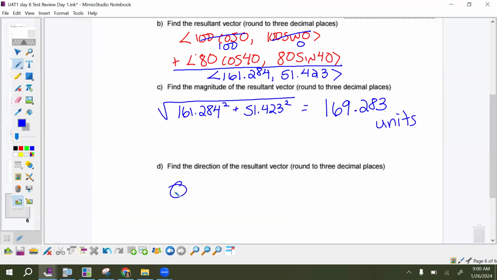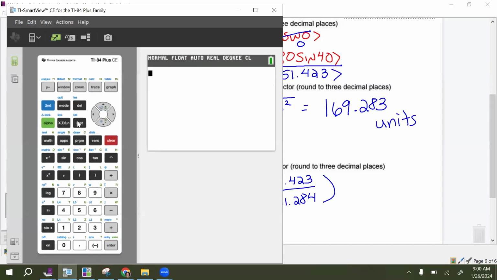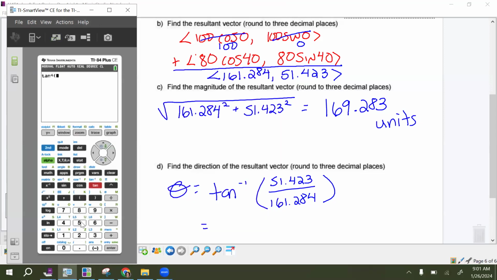Quadrant 1 vector, so my angle comes directly from my tangent typing. And we get, can't see my numbers, 17.684 degrees.